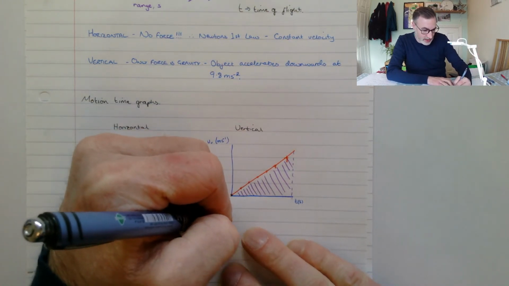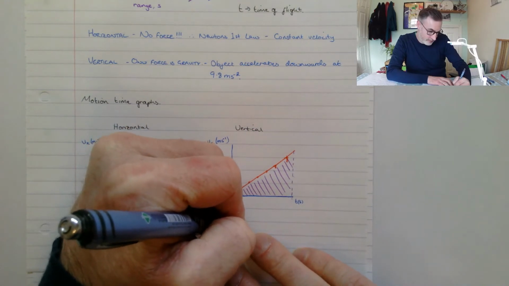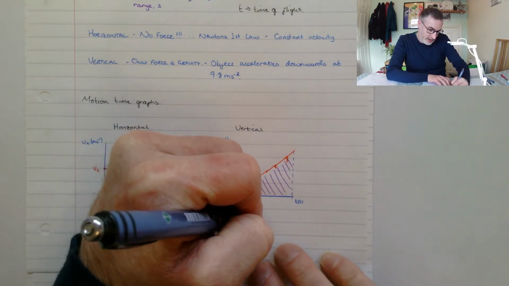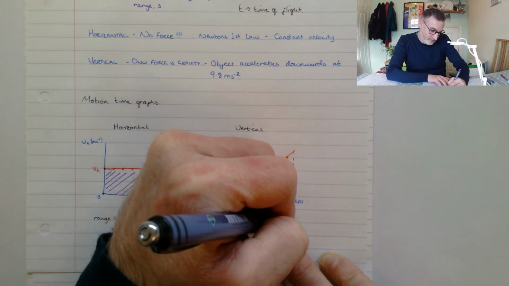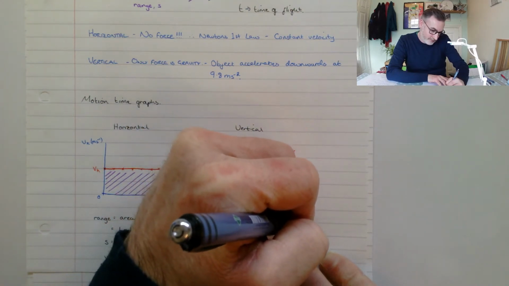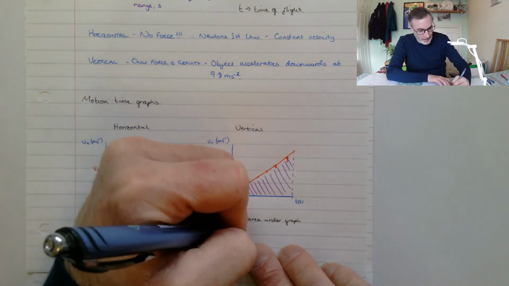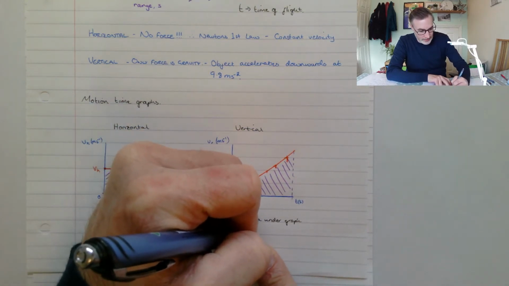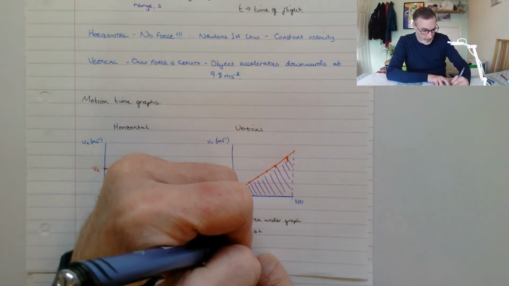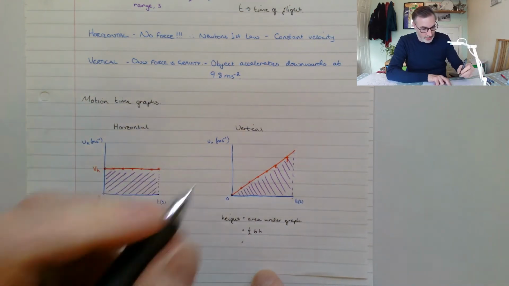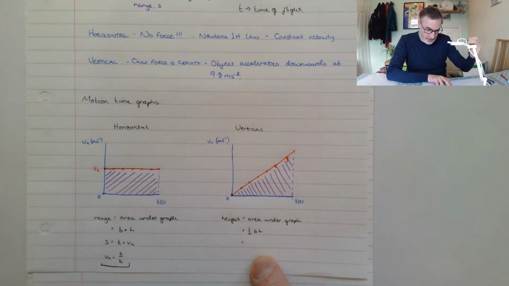Okay, so height is equal to the area under the graph. Now it's a triangle, so it's going to be half base times height, and that will give us the area.